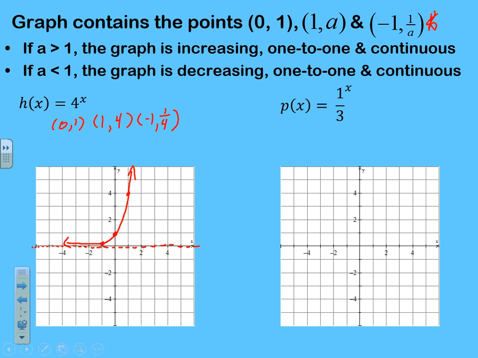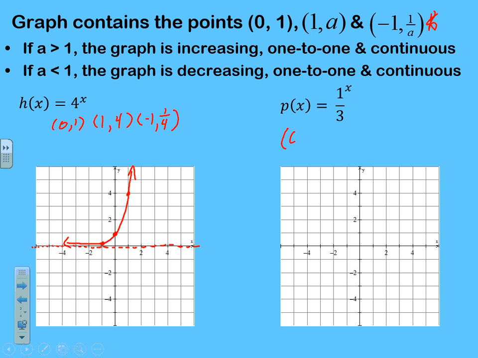No big deal. Here we have function p on the right that says p of x is equal to 1/3 to the x power. Now here the base is a number that is less than 1. So here we're going to see something that's decreasing. So it should go down from left to right. And again, we want to identify the 3 basic points.